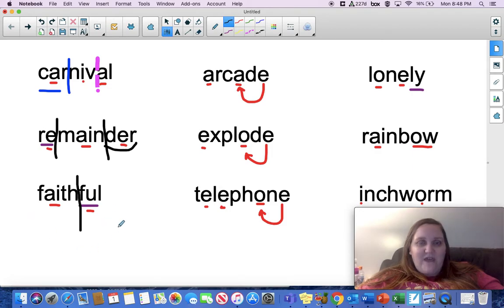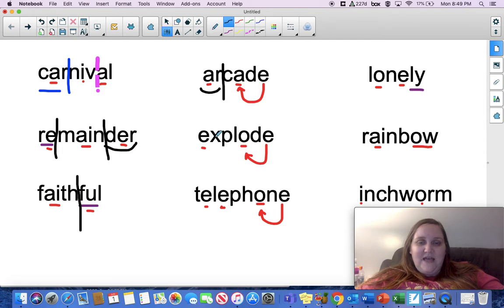Okay. Here we've got R and C next to each other. Are those consonants that we normally see together? Is that a blend, you know? So we break it there. AR says R, and then we have bossy E, so k, aid, cade. Arcade.